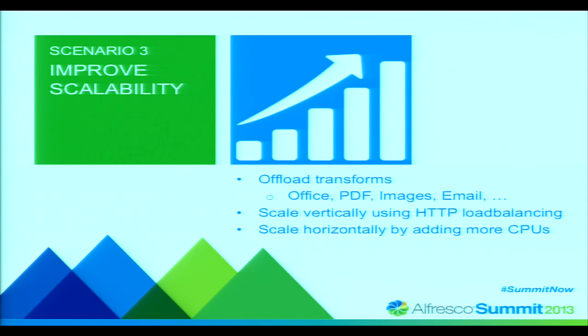There's also, of course, the possibility to add more CPUs. We will also scale up with the amount of concurrent transformations that can be done on one box if you have more CPUs. This is somewhat limited for some documents. For example, PowerPoint is not re-entrant to libraries. That means we can actually only transform one PowerPoint on one box at a given time.